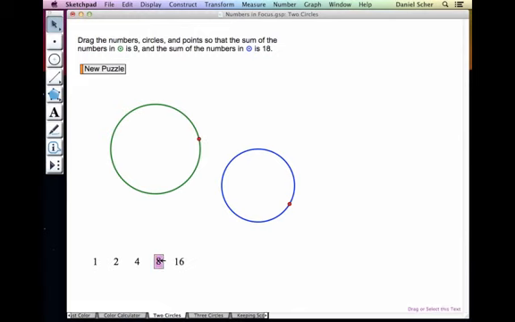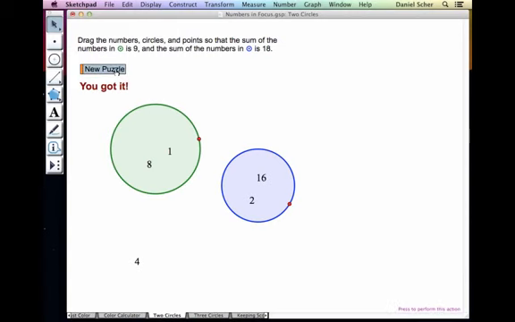For 9, I can drag the 8 and the 1, and my circle turns green because I got it right. And blue is 18, so 16 and 2. I got it. Piece of cake.